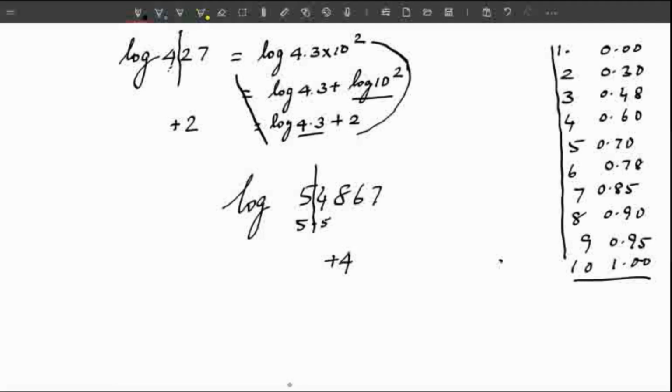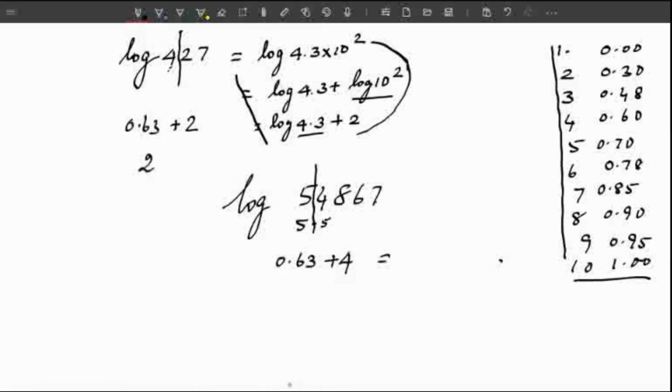4.3 would be lying between these. Here for each decimal, the value is equal to 0.01. Therefore, 0.3 decimal is 0.03. The actual value is 0.63. Therefore, sorry, here I have to write 63.